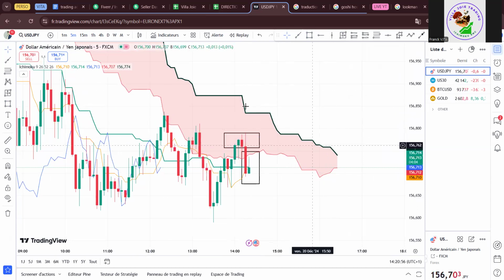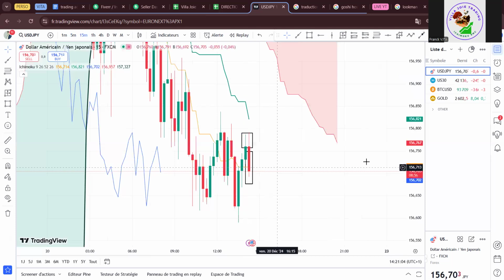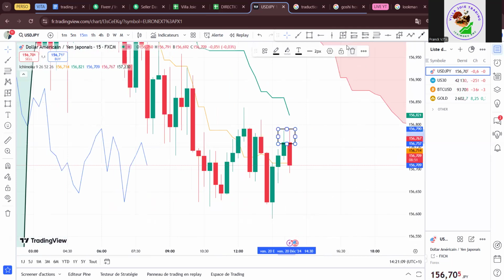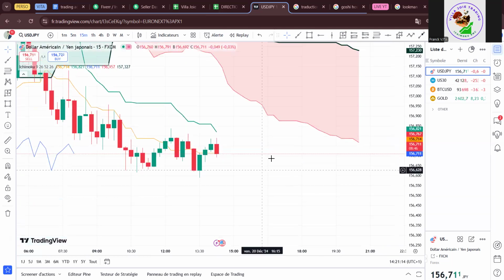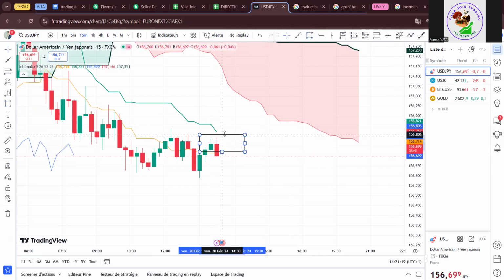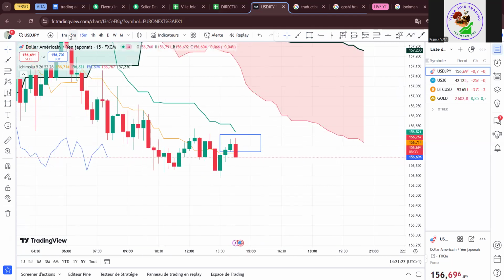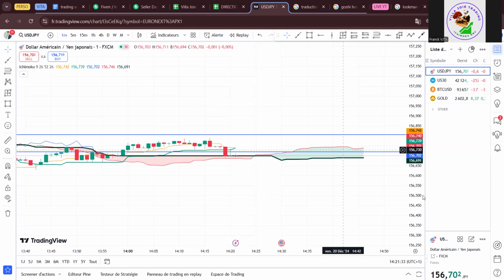So that's the setup that's ready now in 5 minutes. In 15 minutes, do we have a ready setup? I think 15 minutes also has a ready setup. Let me remove this to see. Yeah, 15 minutes has this Tenkan setup ready. So normally we have to sell now. Normally.